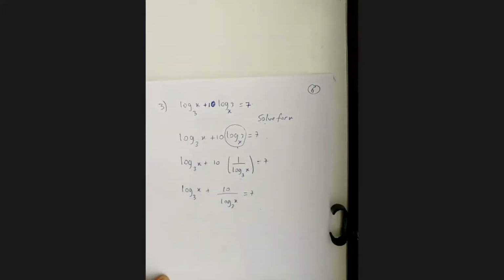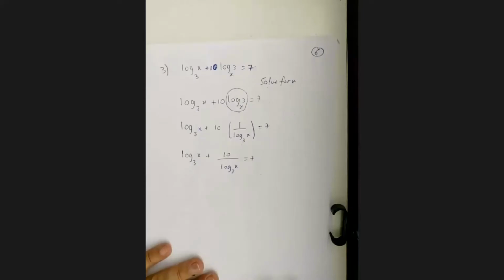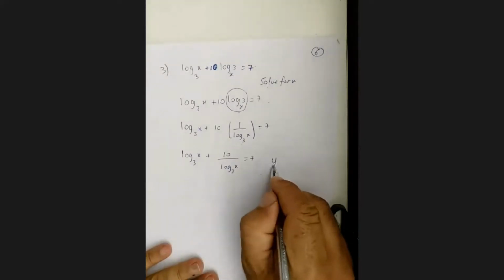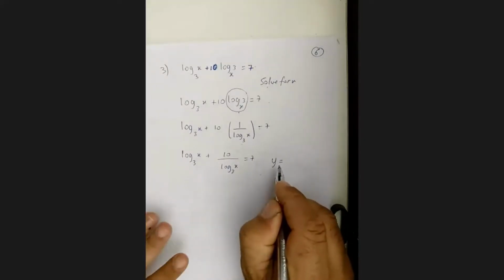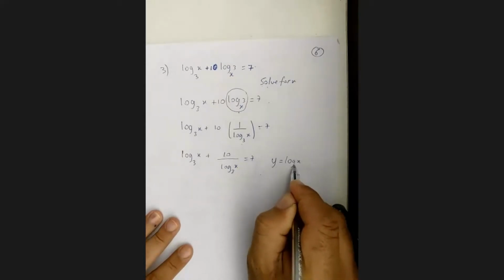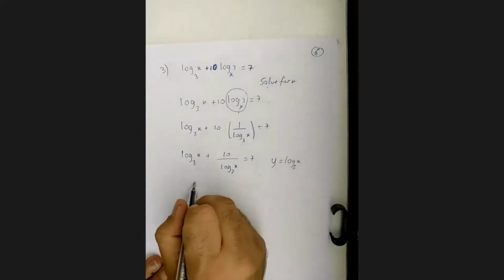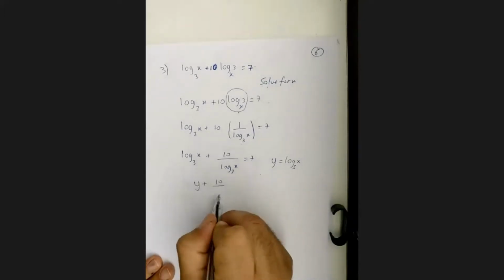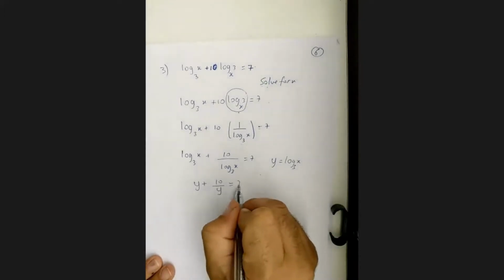Here I'm going to use another substitution and say that y is equal to logarithm of x to base 3. y plus 10 over y is equal to 7.